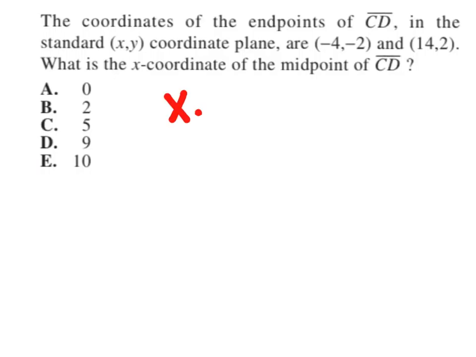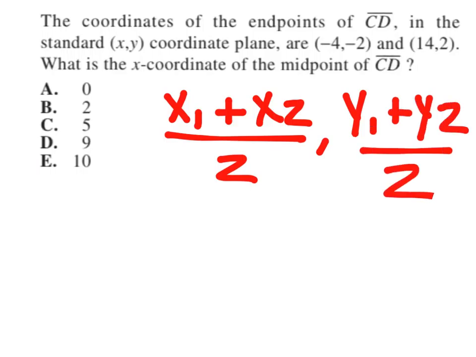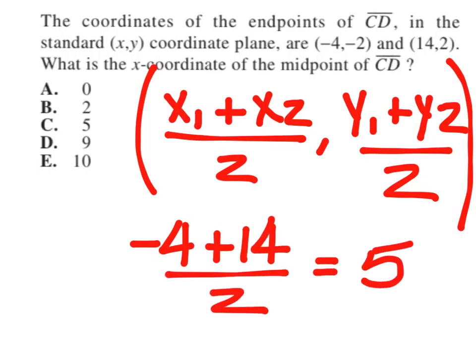It is x1 plus x2 divided by 2. And it's the same for y, except you don't even need it for this problem. You only need this. Negative 4 plus 14 is what? It's 10, but we have to divide it by 2 to get 5. So the answer is C.